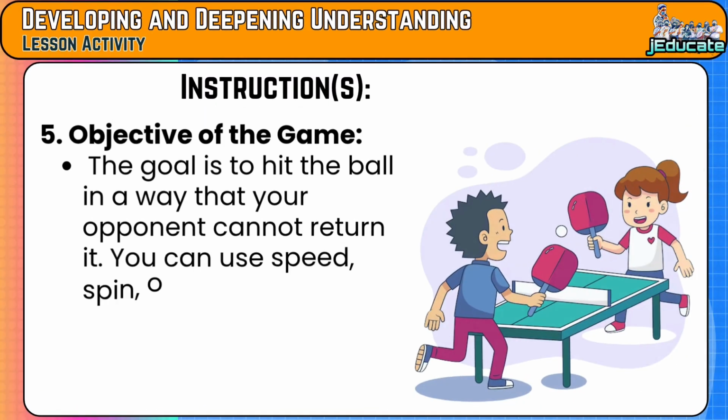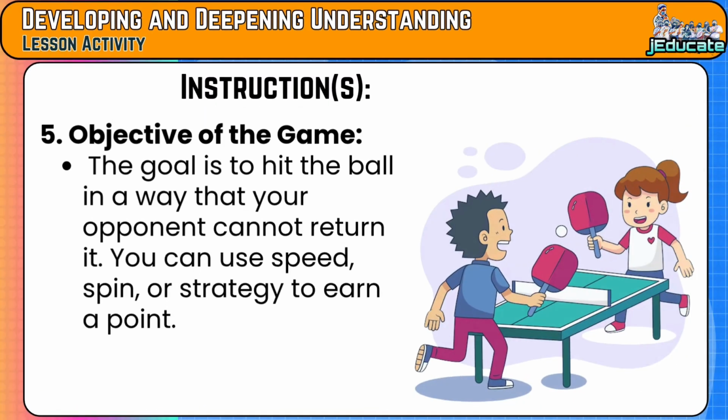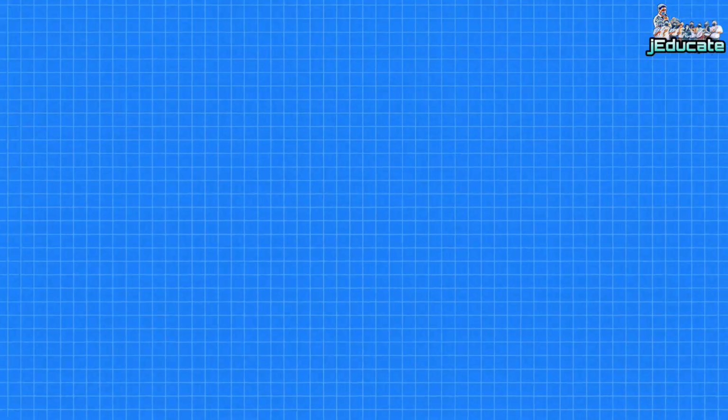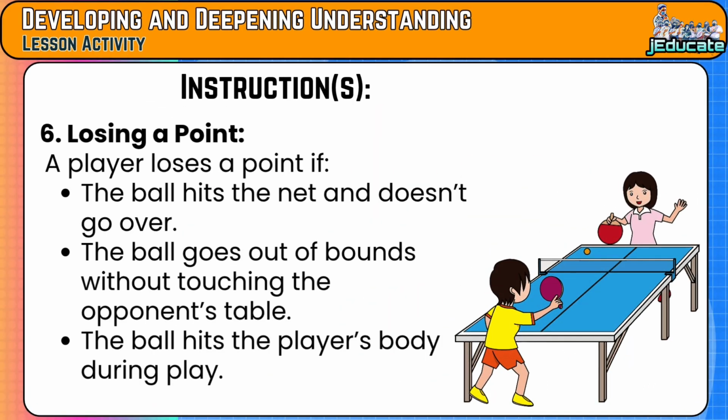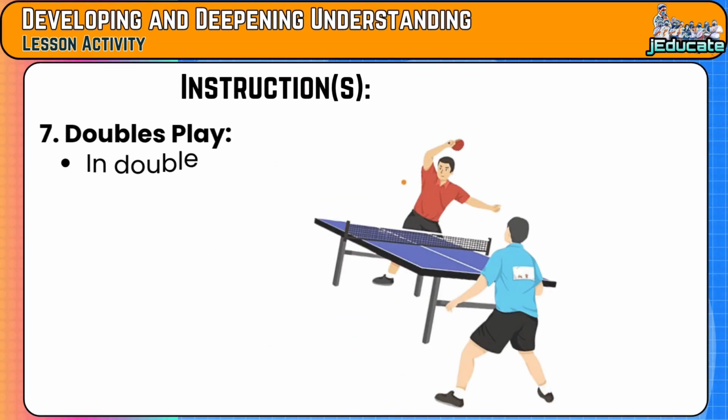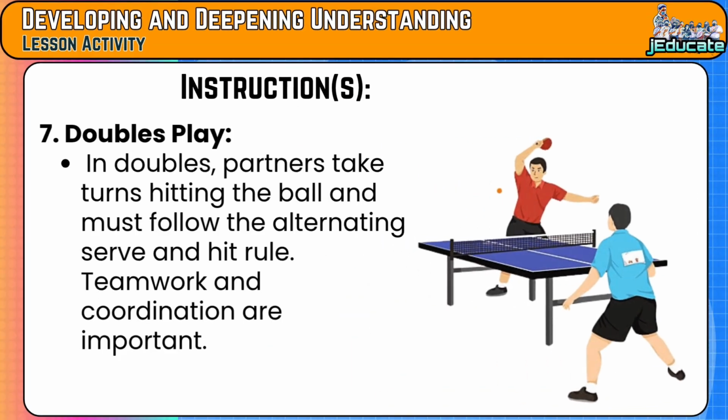Number 5, objective of the game. Number 6, know more about losing a point. Number 7, understanding doubles play.